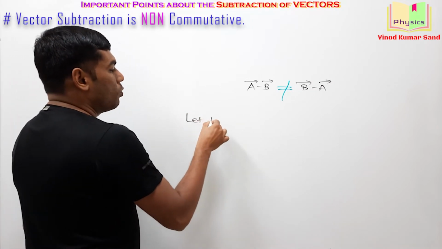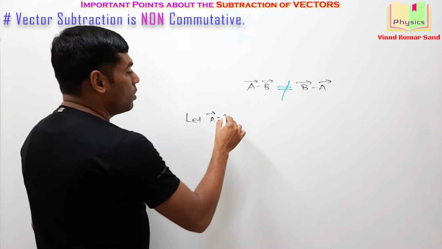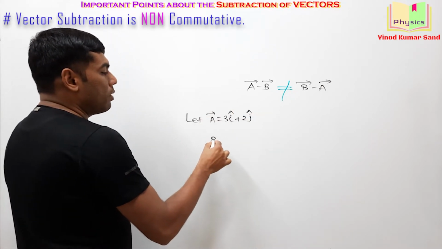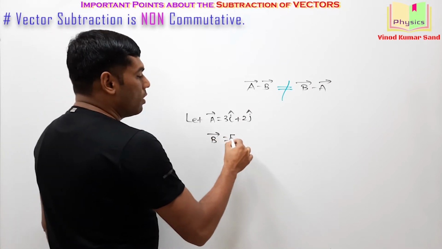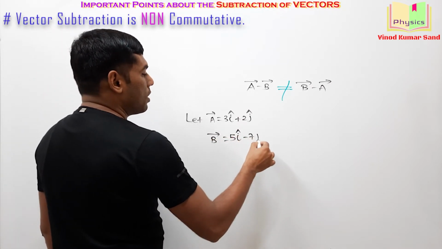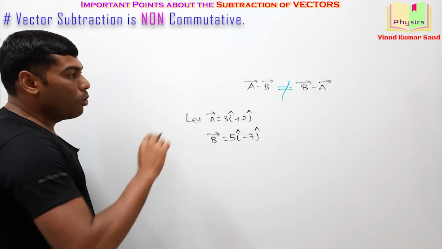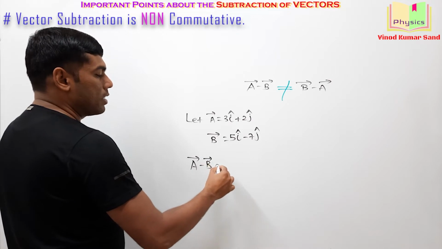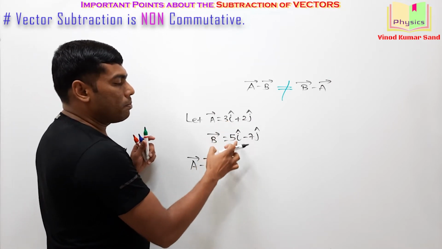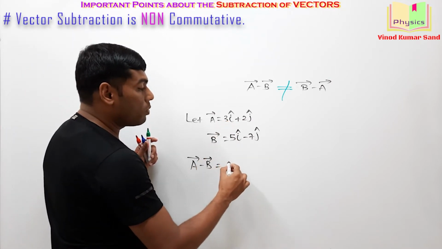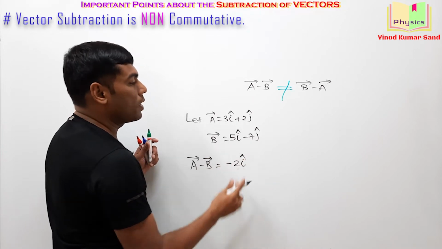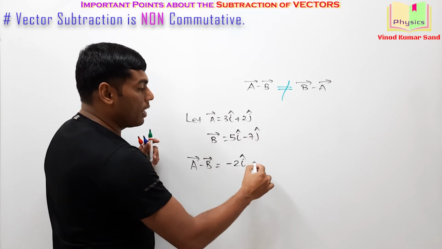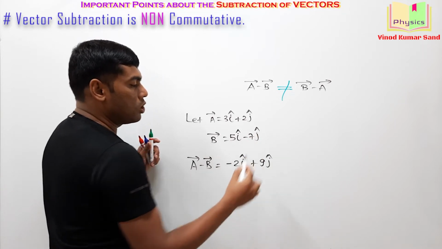Suppose we have a vector equal to 3i cap plus 2j cap, and the b vector is equal to 5i cap minus 7j cap, let's say. Now if we obtain a vector minus b vector, what will we get? 3i cap minus 5i cap, the answer will be minus 2i cap, and 2j cap minus of minus 7j cap, the answer will be plus 9j cap.